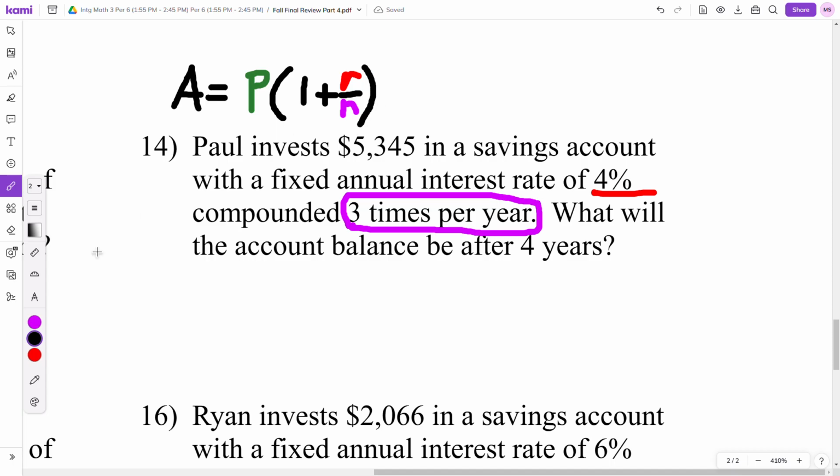And this is taken to the power of that same N, in this case it would be 3, times T, where T is the number of years.